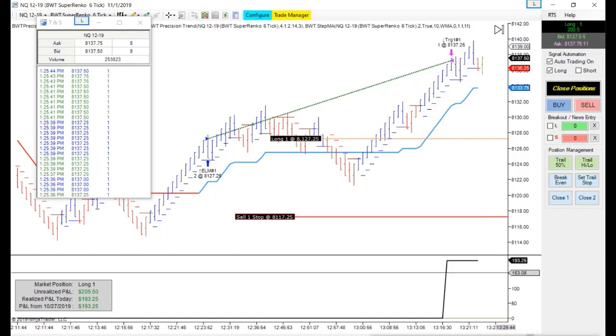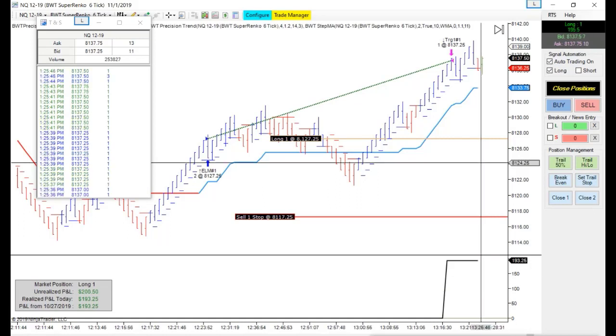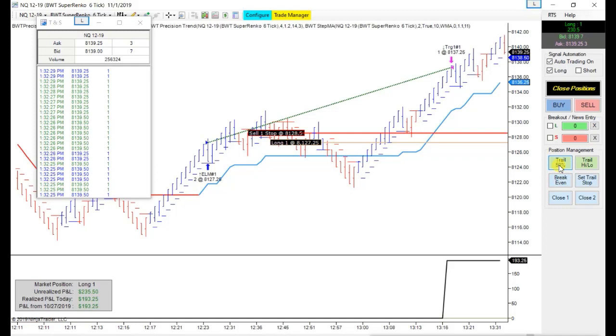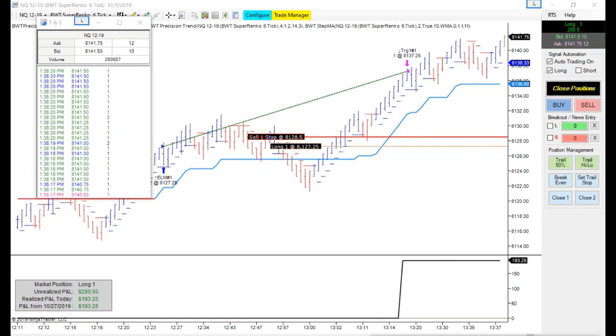So I'm gonna just leave this on now because we're not far from the daily target. I'm just gonna leave the recording going. Just gonna trail at 50% here, at least not allow a loss on the second half of the position.